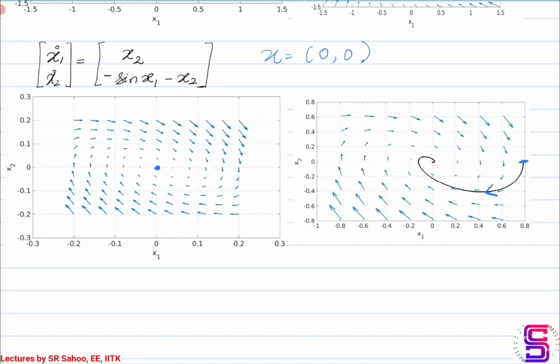Okay, I suggest that you find the vector field for this case in the region with x1 being in π/2 to 3π/2 and x2 between, let's say, minus 2 to plus 2, or minus 1 to plus 1.